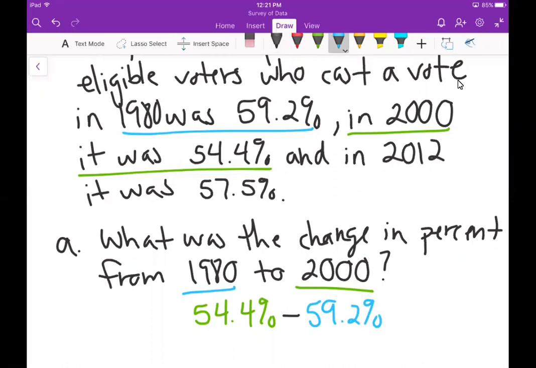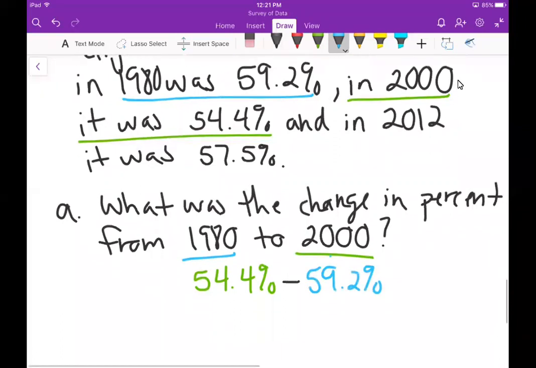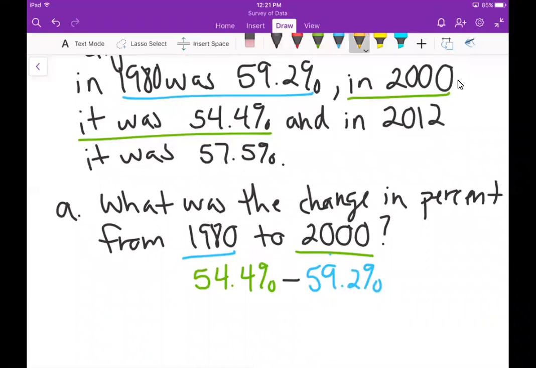So notice our sign is going to be correct because from 1980 to 2000, it went from 59.2% to 54.4%. So the percentage went down. And we are going to get a negative number here because we're taking a smaller number minus a bigger number. So our final answer here will be negative, and let's figure out what that value is going to be.